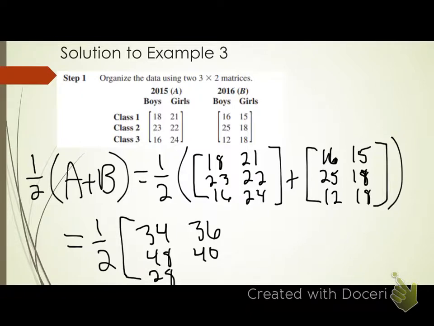And 24 plus 18 would give me 42. So I added my two matrices first. Now I need to multiply by 1/2. So I'm essentially just dividing each element by 2.